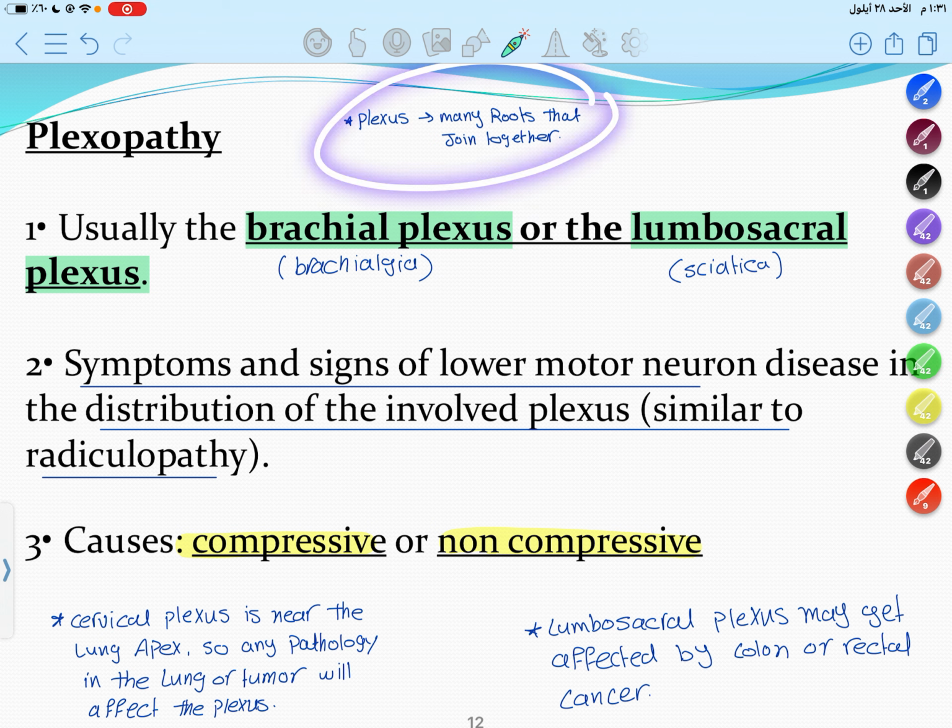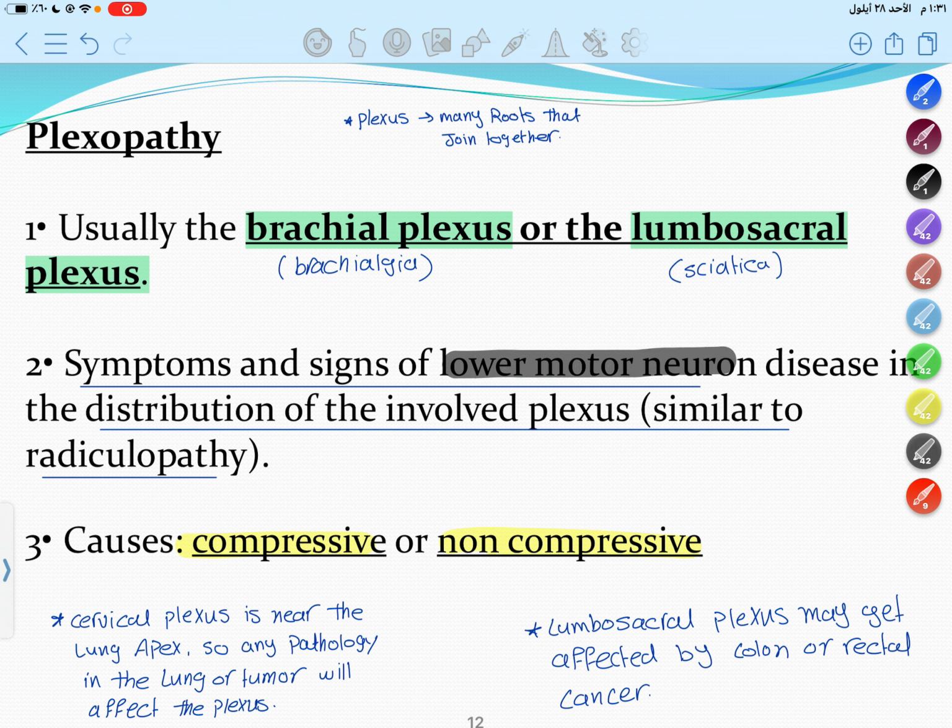The presentation, the symptoms and signs, are the signs of a lower motor neuron disease, in the distribution of that plexus. It's like radiculopathy, presenting with symptoms like pain, but later on with complications like numbness, weakness and atrophy.